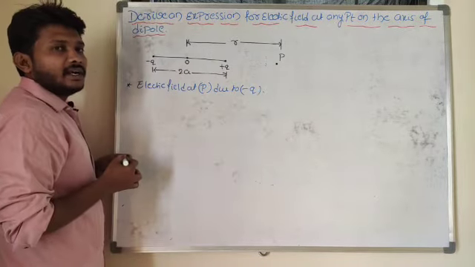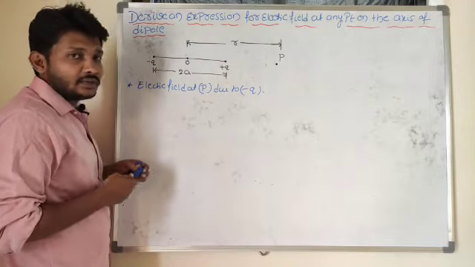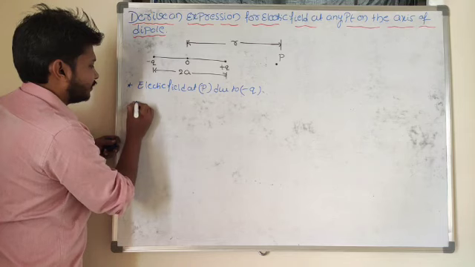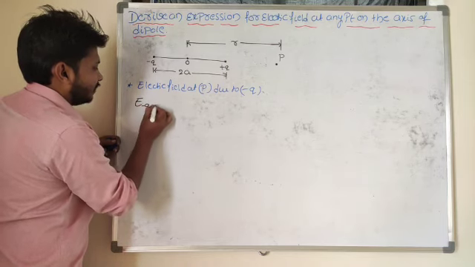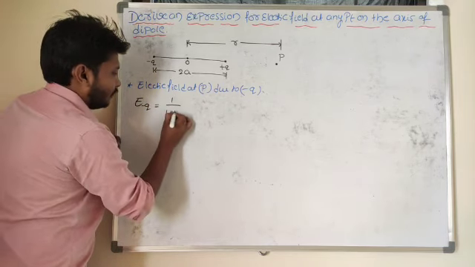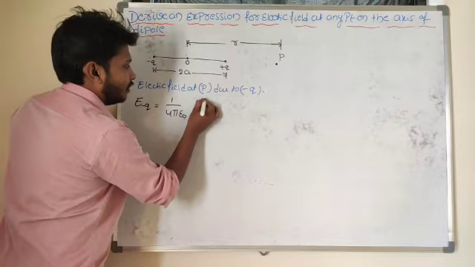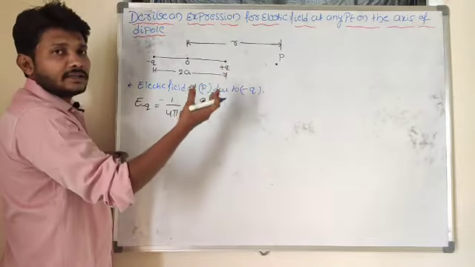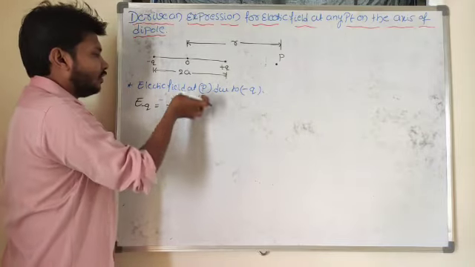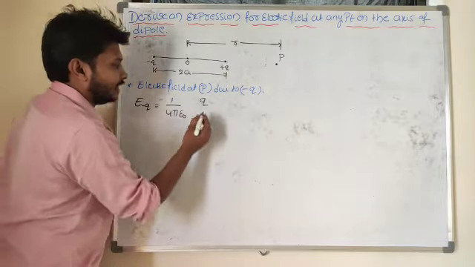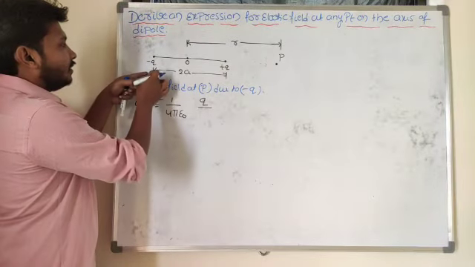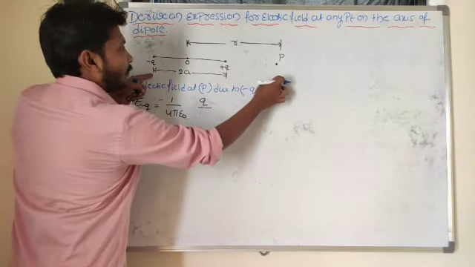For this we use the electric field strength due to a point charge. What is that equation? 1 by 4 pi epsilon naught times minus q, so negative, on the basis of direction you can take positive and negative, or from the equation you can take it as a negative sign, q divided by the distance squared. What is the distance from minus q to point P?